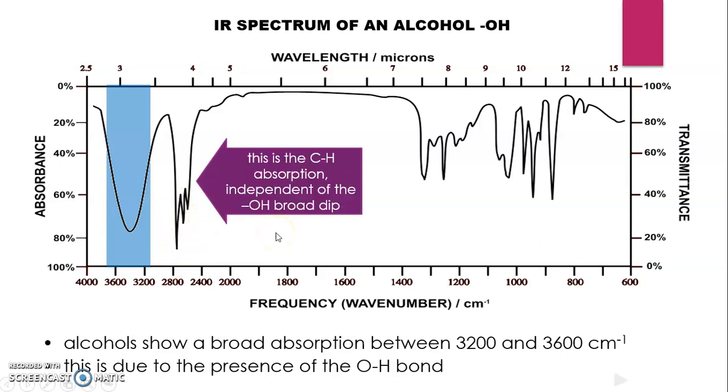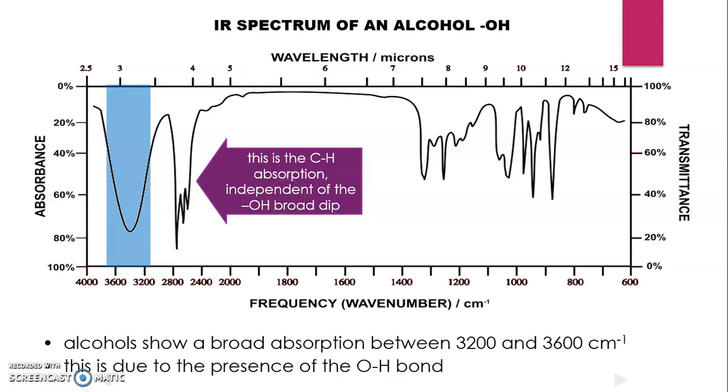That's because of the hydrogen-carbon bond, so hydrocarbon absorption here. And when a molecule only has a hydroxyl group, then these two absorption peaks are independent. They do not merge together.